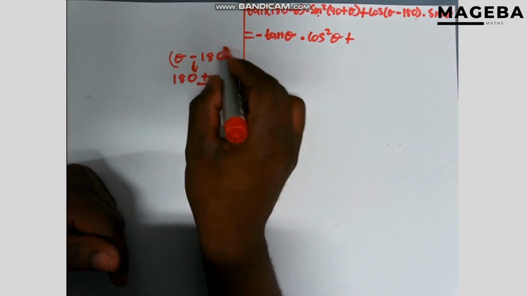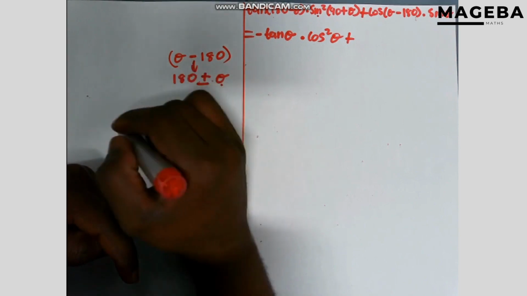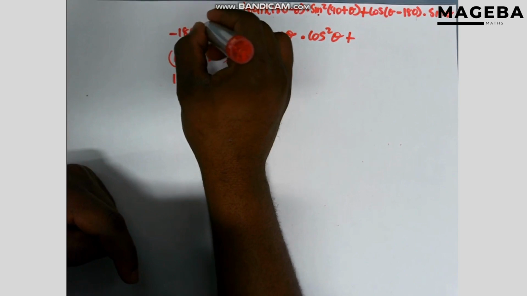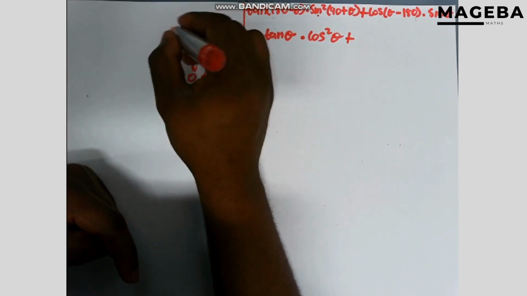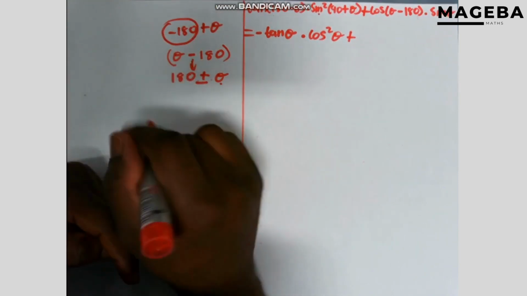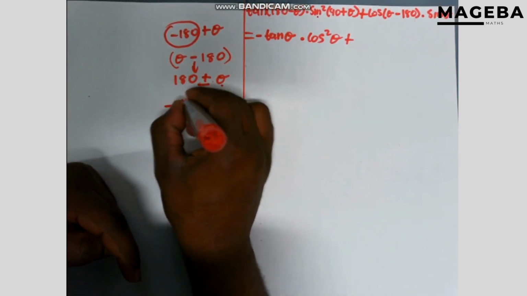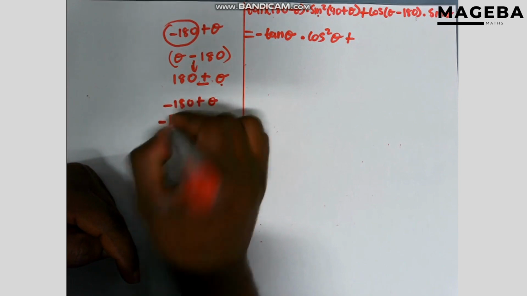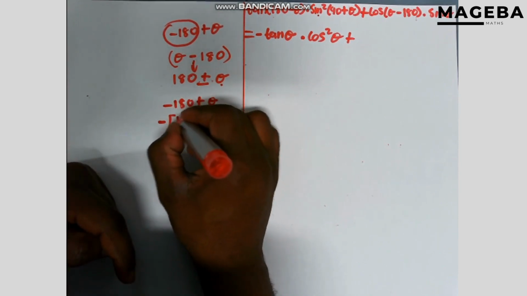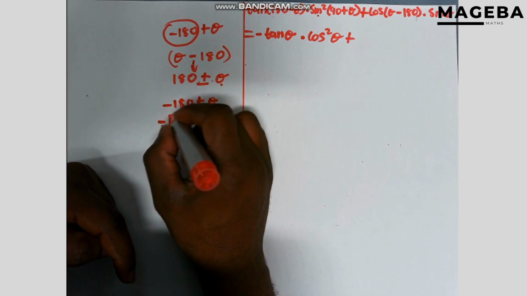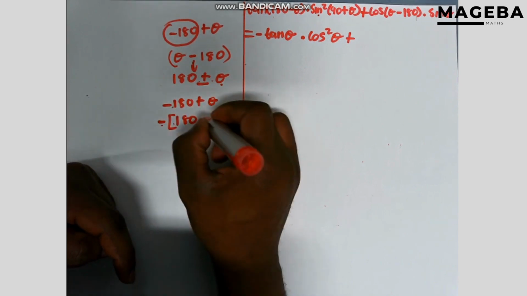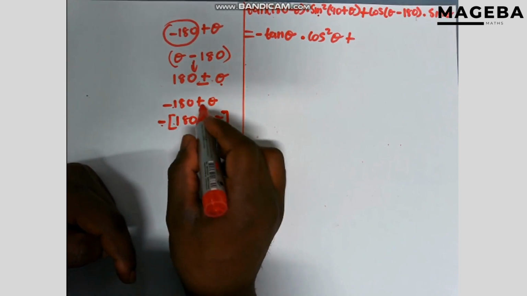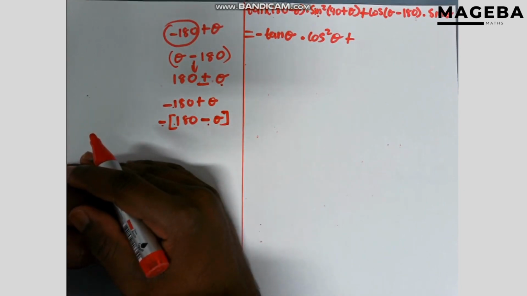We're going to take a common factor of a negative sign, because we can't say negative 180 plus theta, because this 180 needs to be positive. So if we have negative 180 plus theta and we take a common factor of a negative sign, this is going to be positive, because this times this gives negative 180 and then negative theta, and this times this gives a positive theta.